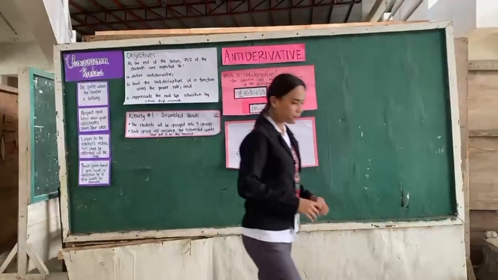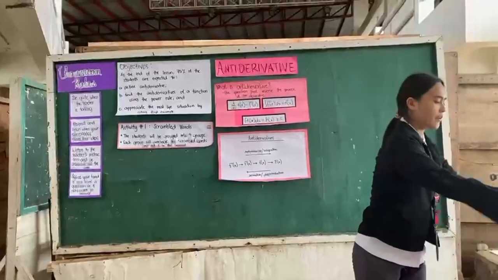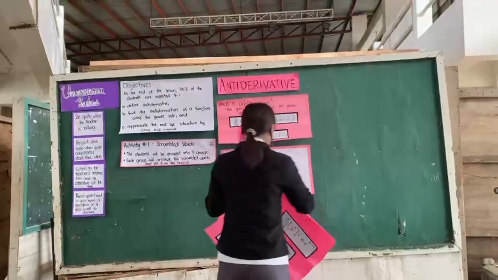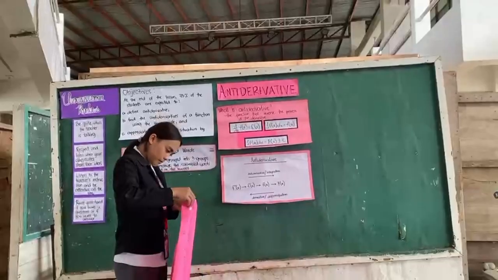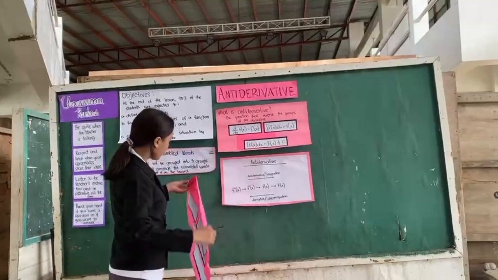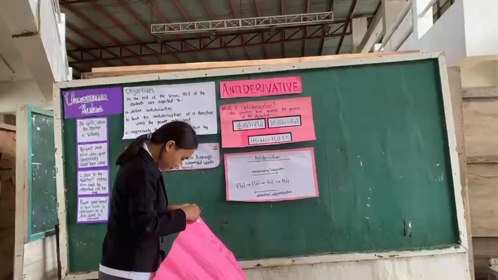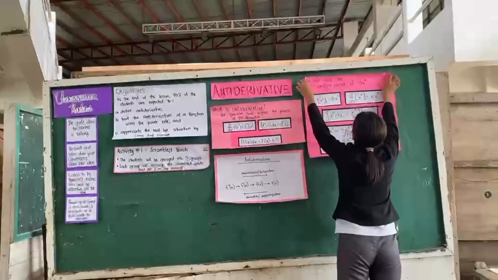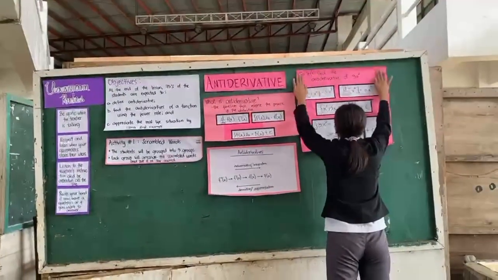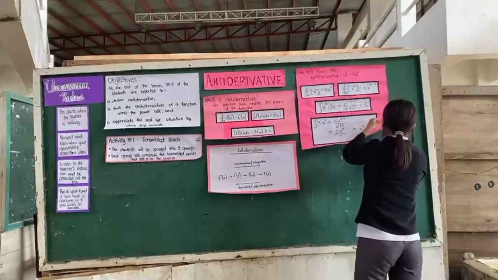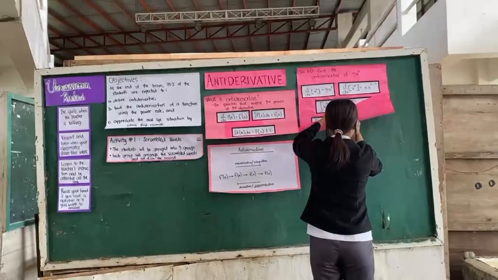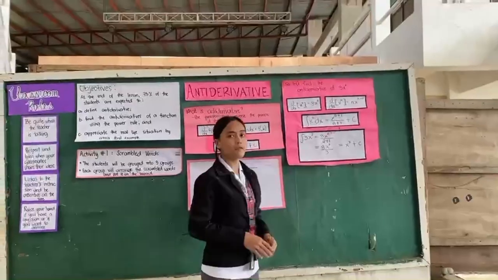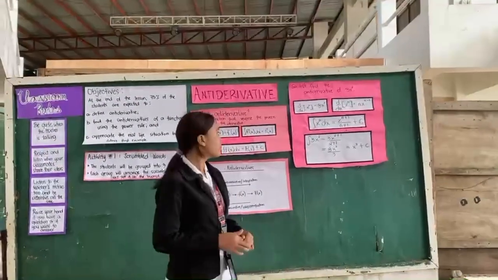Now, let's find the antiderivative of 3x squared.